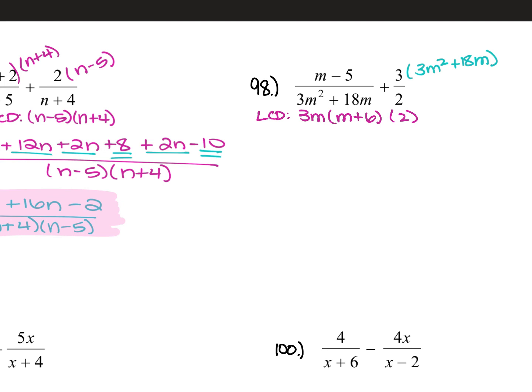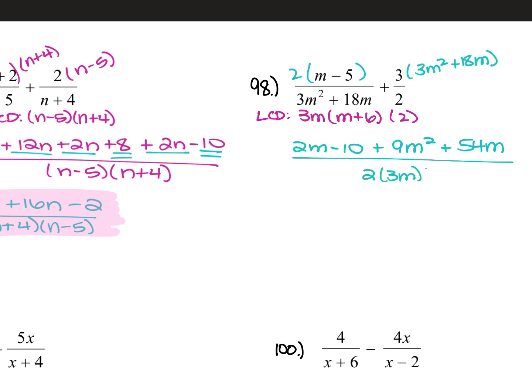Your first fraction, we're just going to multiply that by 2. So this is going to be 2m minus 10 plus 9m squared plus 18 times 3 gives us 54m. And then this is all over 2 times 3m times m plus 6.